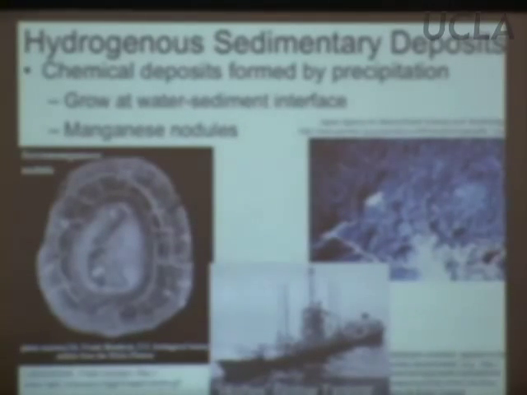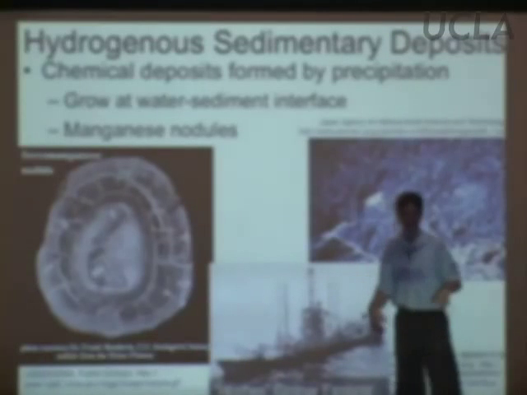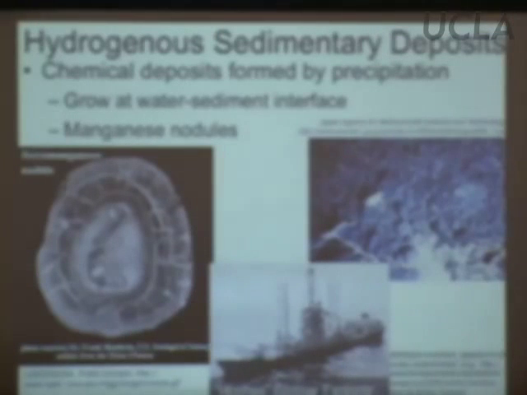And the stated purpose of this boat was to go out and mine these things off the seafloor, to recover iron manganese nodules for commercial purposes. So you can see this thing has kind of a drilling rig, and it's going to drag stuff off the seafloor. So people got really excited about possible economic recovery of iron manganese nodules from various parts of the seafloor.